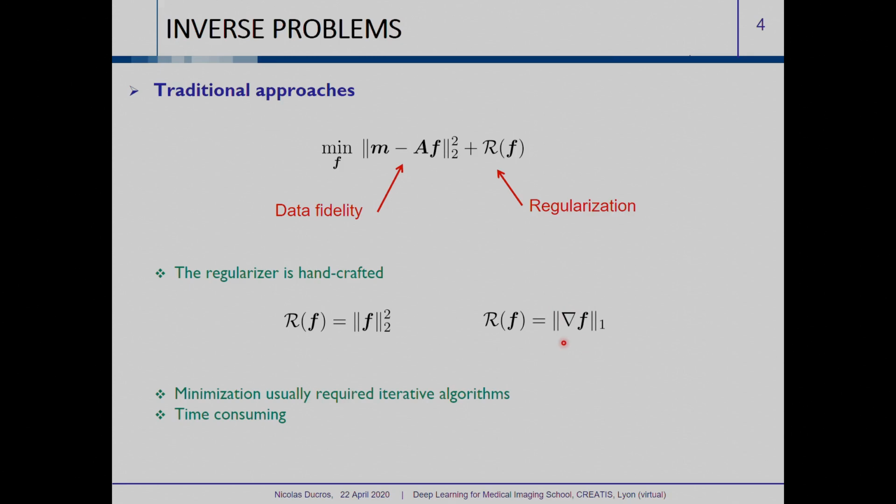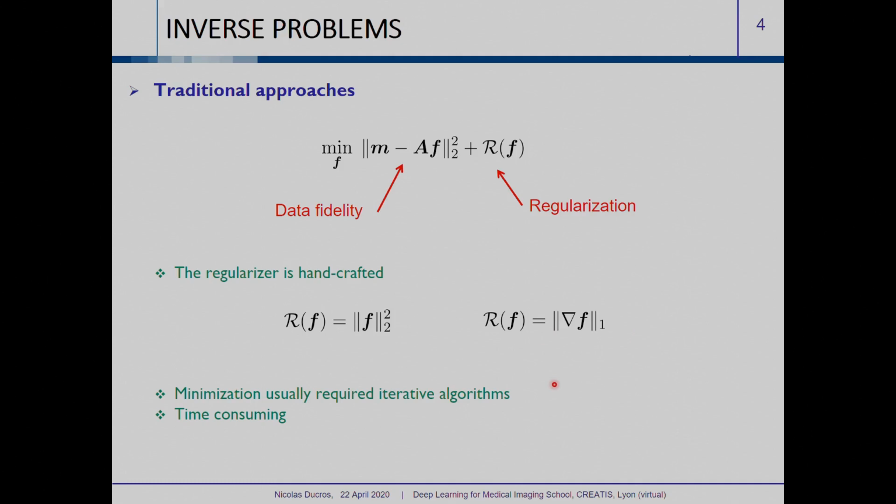We minimize this term, so we don't want the image to vary too much, and we have this L1 norm here in order to promote a sparse solution, that is a solution in which you have a lot of zeros and only a few non-zero entries, and this kind of term promotes piecewise constant solutions.